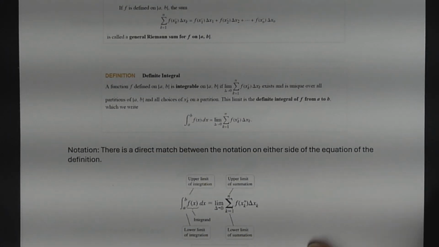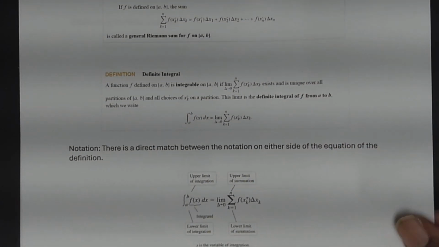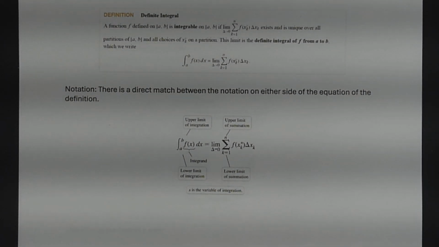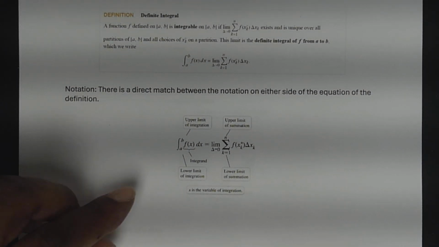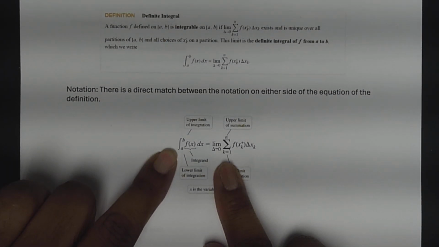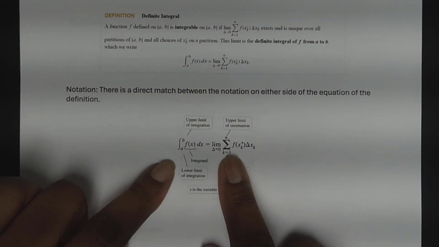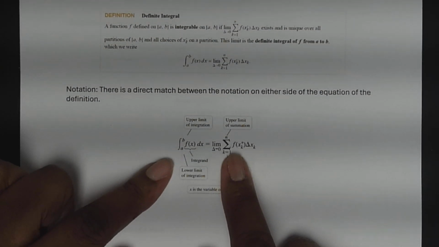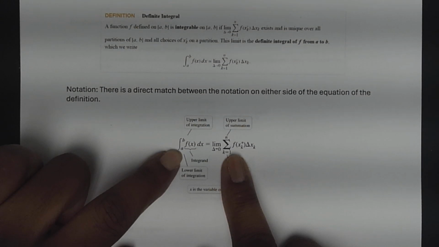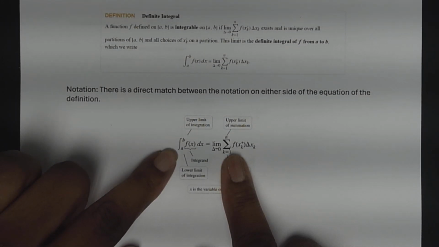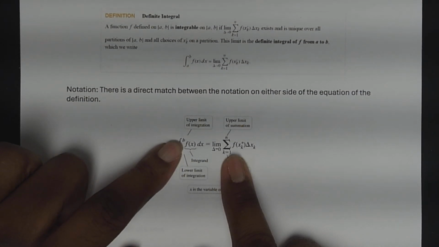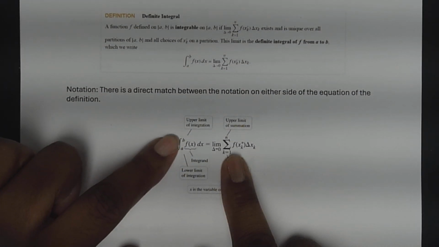Now, there is a direct match between the notation on either side of the equation of this definition, as you can see. Notice that we're using the integral sign. That also means a sum. So does this summation right here. This Greek letter sigma means a sum. Also, we have our upper limit, which is the one on the top, and the lower limit of integration that's on the bottom. So we're going from a to b, lower limit to upper limit.